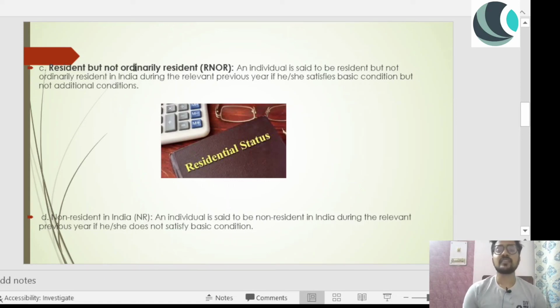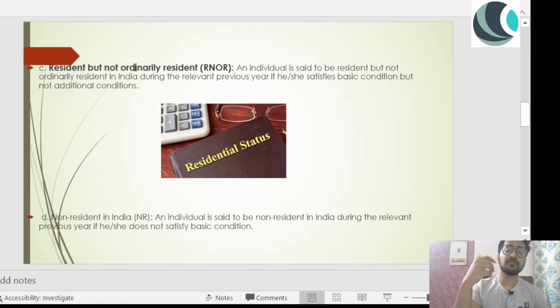So as I said, the categorization is resident on the left, non-resident on the right. If I meet the basic condition, I will be the resident. If I don't meet any of the basic conditions, I will be considered as non-resident of India. Now coming to the resident part. If I'm considered as resident of India, there are two additional conditions for making me ordinarily resident or non-ordinarily resident.